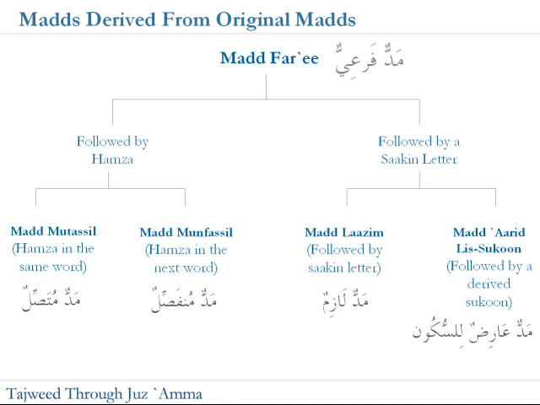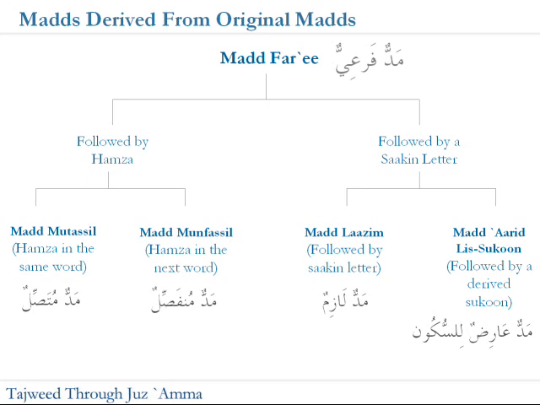If the original mad is followed by a sakin letter which actually has a sukoon on it, or if it's part of a consonant which has a shadda on it, which implies that the consonant has a sukoon on it as well, then the derived mad is known as mad lazim.